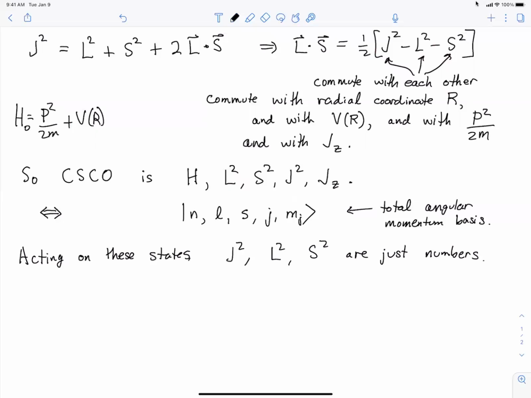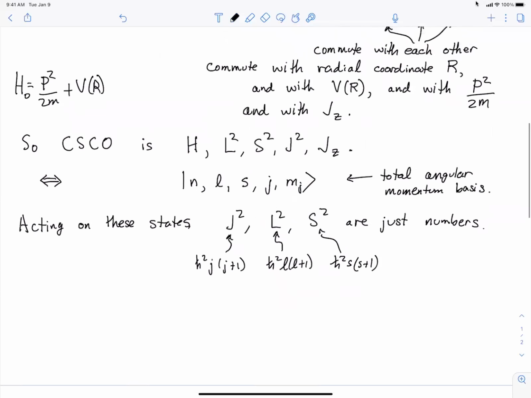That's how we construct them. And so specifically, J squared is H bar squared J times J plus 1. L squared is H bar squared L times L plus 1. S squared is H bar squared S times S plus 1. And in the problem, you're told that S in this case is 3/2. So you know exactly what that number is.